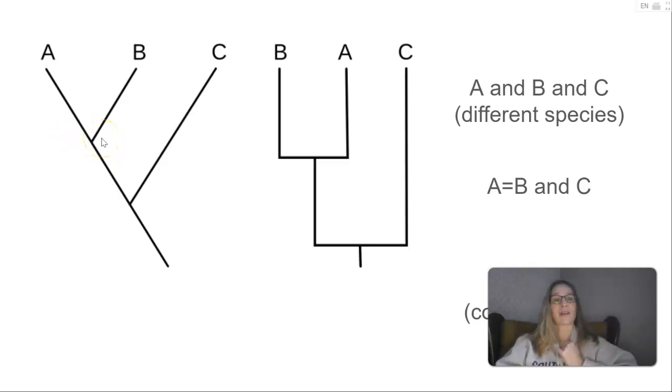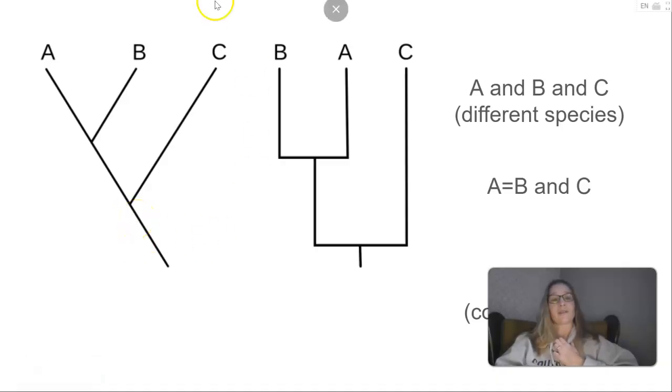When we look at a cladogram like this, we can see that A and B are two different species, but they are more closely related because they had a common ancestor as far back as this point in time. Whereas C is more distantly related to A because their common ancestry happened farther back in time.